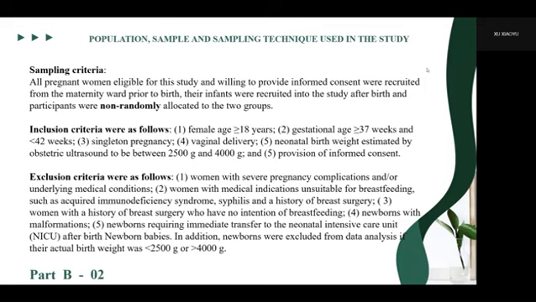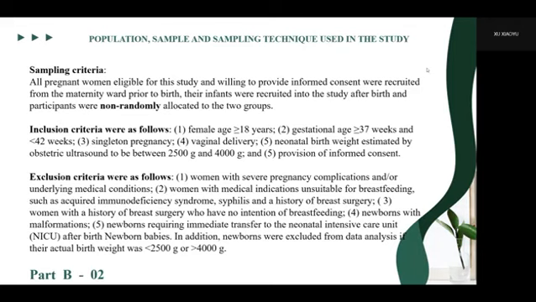In this section of Part B, I will give you an overview of the population and sample technique used in the study of this article, which we have chosen to apply, called the experimental research design.